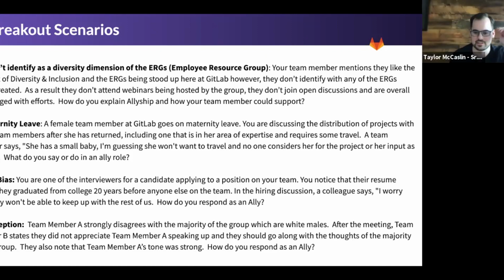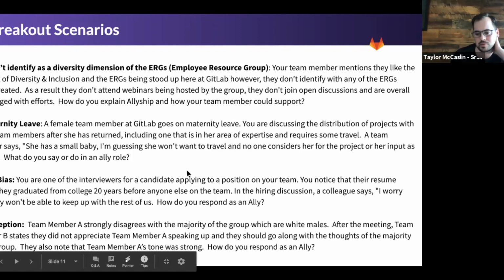Hi everyone, Taylor here. Yeah, we had some great discussions just about what it meant to observably be in an ERG. We talked a little bit about what ERGs are, how they form, and then what it means to be an ally. I really liked one particular piece about how allyship's really just about being empathetic and acting with empathy every day, and just creating a place where anyone who might identify with a particular ERG feels welcome.